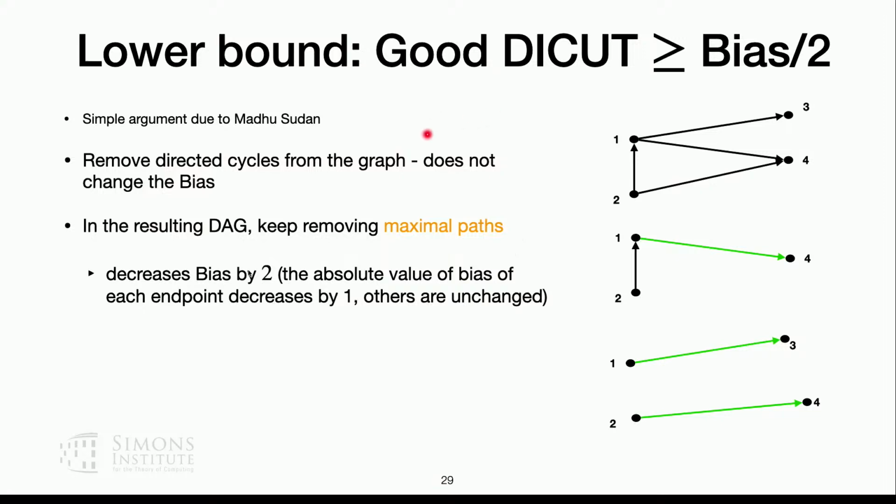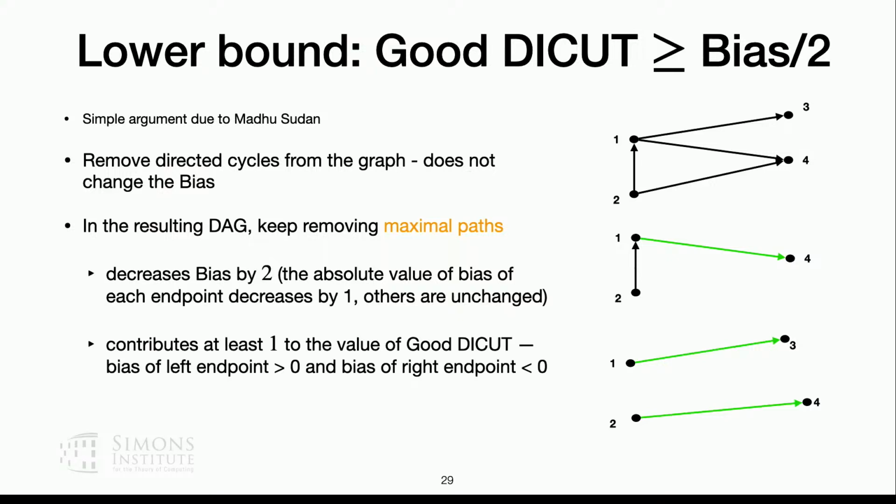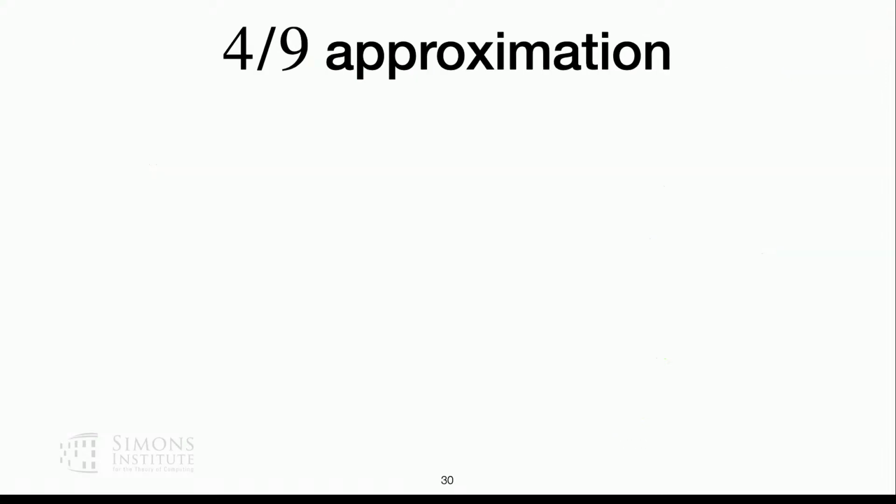In other words, it will be a good edge in the good die-cut, where the left endpoint has greater out-degree and the right endpoint has greater in-degree. So each such path decreases the bias by 2, but because there exists at least one edge in the good die-cut in this path, it contributes at least 1 to the value of the good die-cut. By this argument, the good die-cut should be at least bias over 2. Because of these simple reasonings, you have these upper and lower bounds, which gives you the 2/5 approximation.